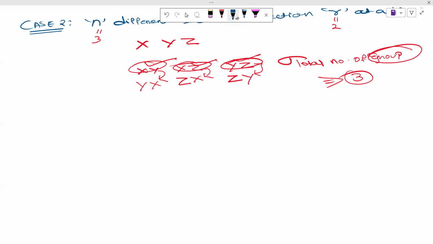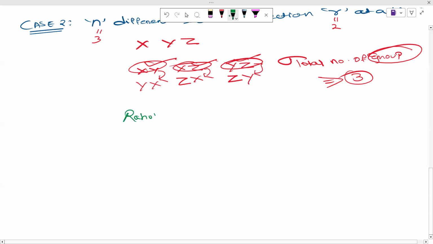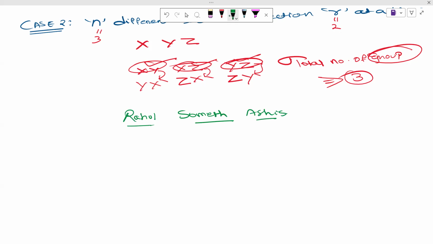Like for example, here Rahul and here Somesh. And next let it be Ashish. So here 3 persons are there. So now I'm just saying that I will select 2 at a time.